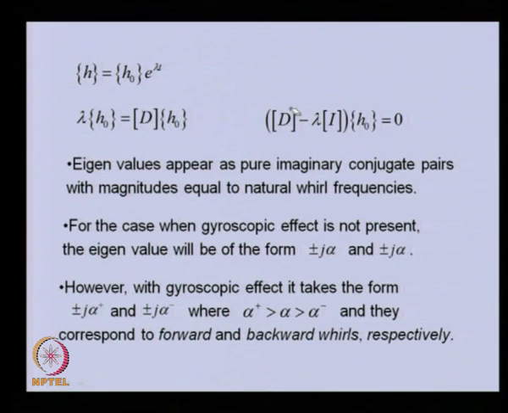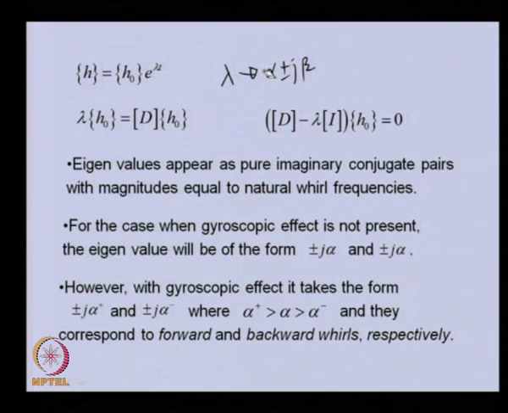Basically, in this particular case, because we don't have damping in the system, this eigenvalue will have a real part plus an imaginary part, and the real part corresponds to damping and the imaginary part corresponds to natural frequency. Because there is no damping in the system, we expect the real part will be 0.